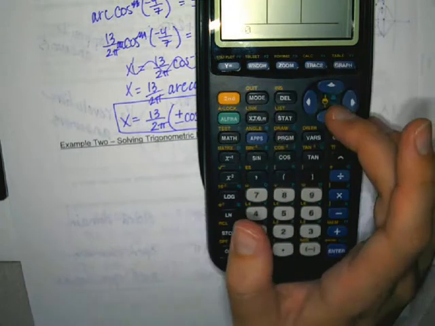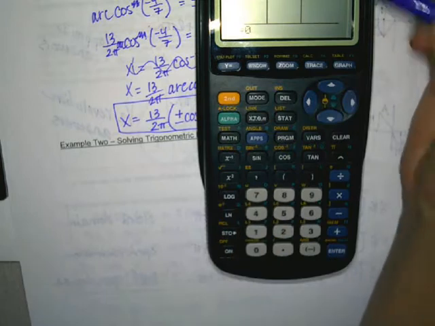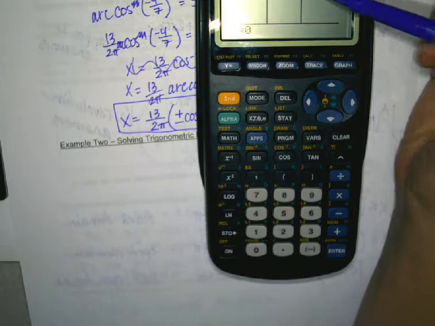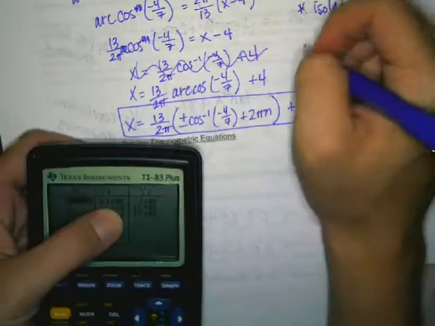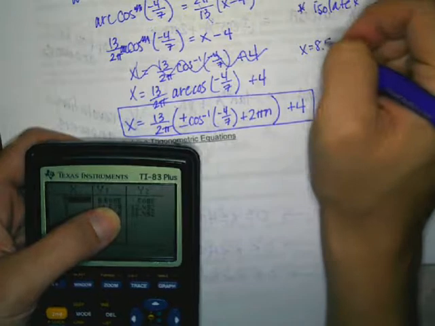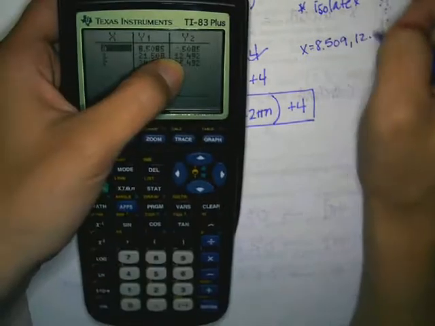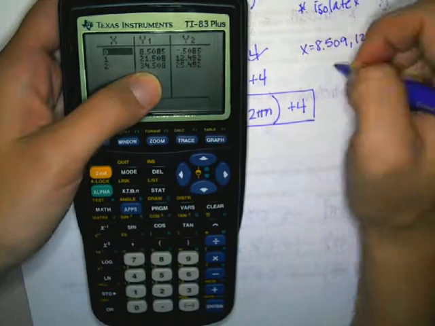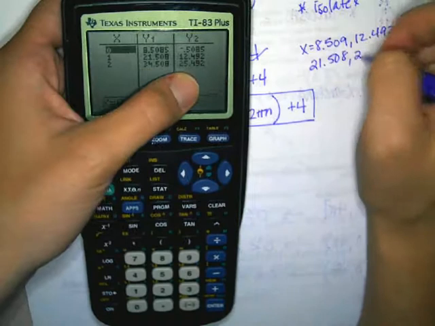Oh, there we go. Okay, so for the first 5 positive values there, I'm going to round to 3 decimal places, so that's my first one, 8.509. My next one is 12.492. My next one is 21.508. My next one is 25.492.